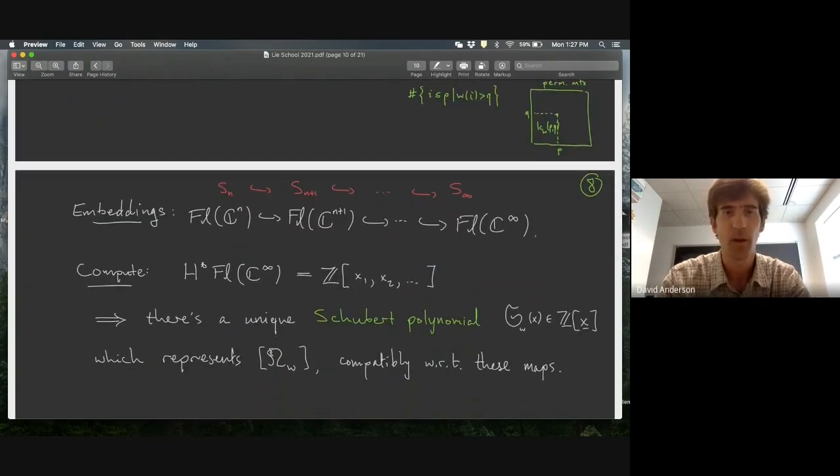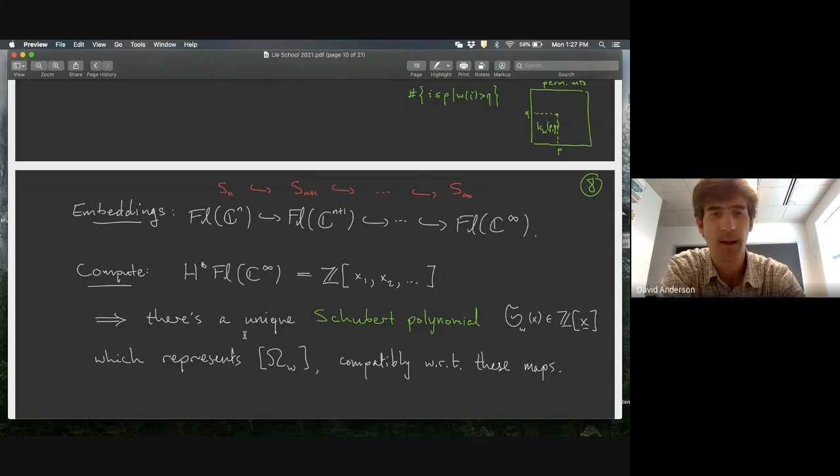Okay. And this computation, if you use Borel's computation of each one of these individual flag varieties, you see that the relations disappear eventually, and in the limit you get just a polynomial ring as the cohomology ring of this infinite flag variety. And that's the trick here.